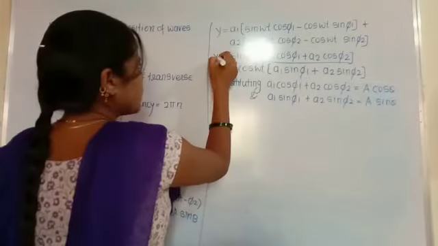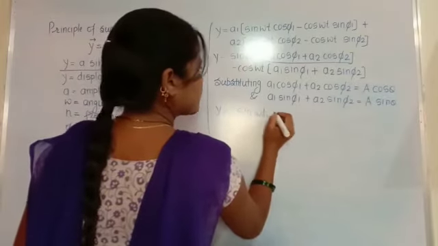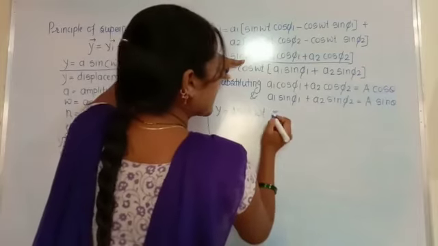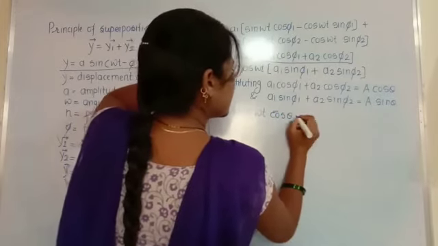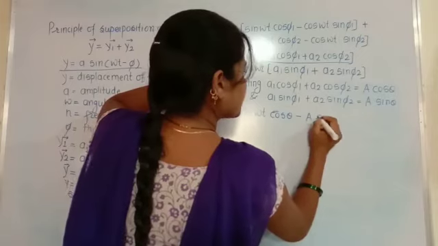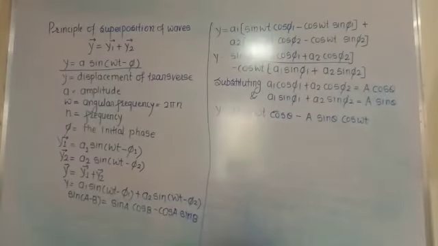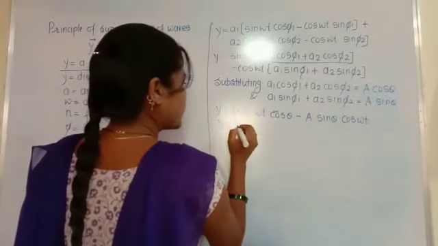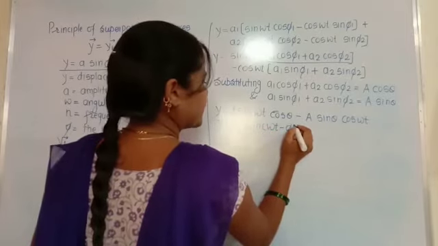So we use y equals sin of omega t into a cos theta minus a sin theta into cos of omega t. But this form is nothing but a sin of omega t minus theta. Y is equal to a sin of omega t minus phi.